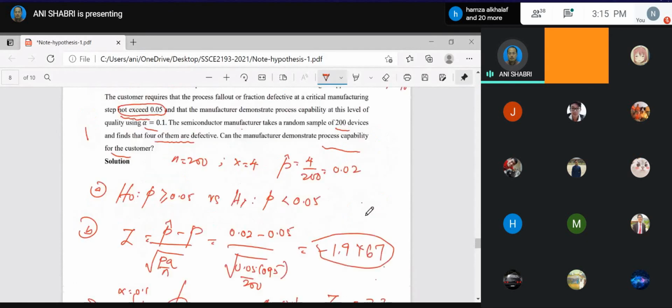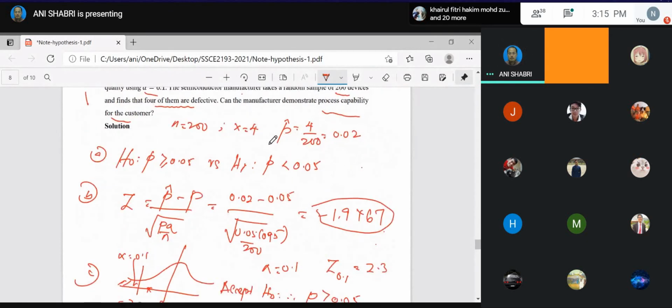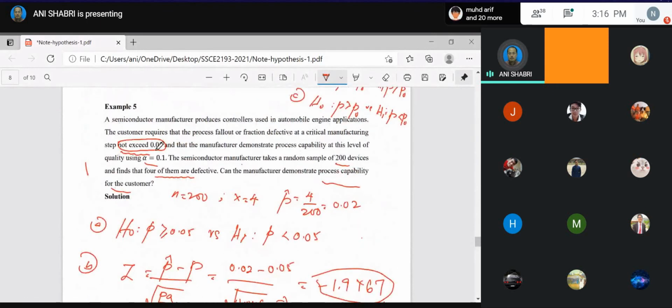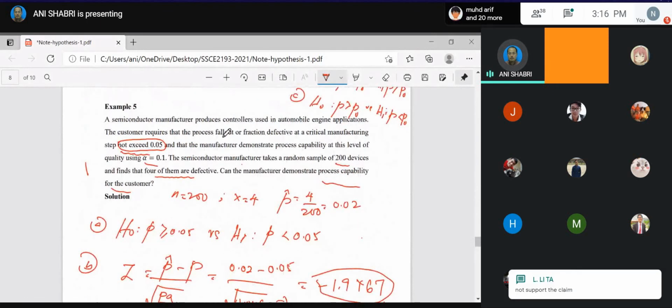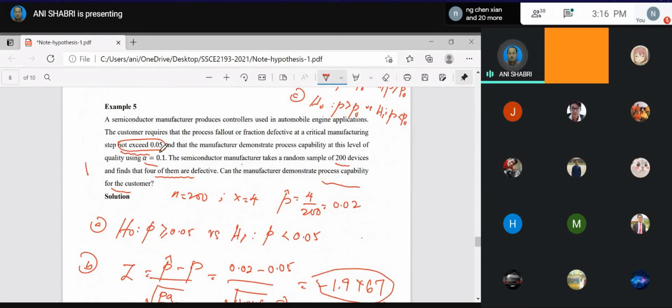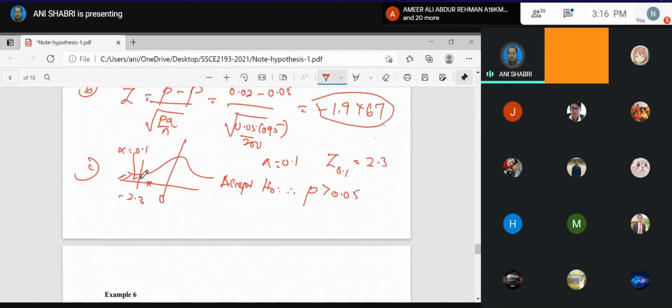Do we support the manufacturer's claim or not? The customer requires that the process fallout, the operation defective at the critical manufacturer stage, does not exceed 0.05. This is the manufacturer's claim. From the calculation we get P greater than 0.05.